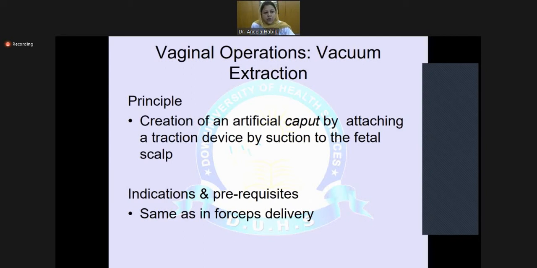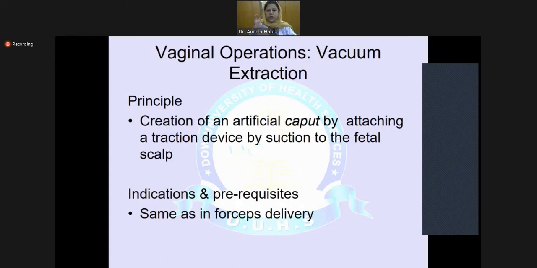This is a vacuum extraction. Vacuum is a soft, gentle cup which you apply on the head of the baby, with a machine creating pressure that produces a vacuum, and by that traction you can pull the baby out. That is comparatively safer for the baby than forceps, because forceps can occupy the lateral vaginal walls. By dragging, you can traumatize the lateral vaginal walls, which can cause lacerations and trauma.